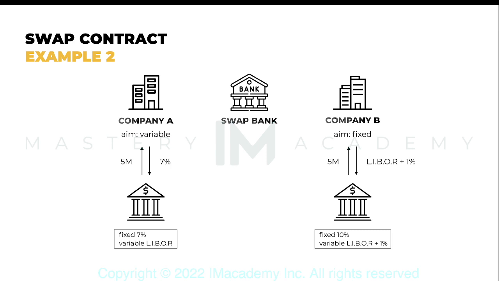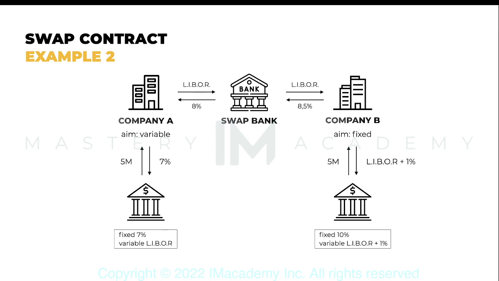So we are just going to swap the interest rates to what you originally wanted, so a fixed rate. So basically, here's the deal. Swap bank says, we will pay you, company B, LIBOR, and you pay us 8.5% fixed rate instead.